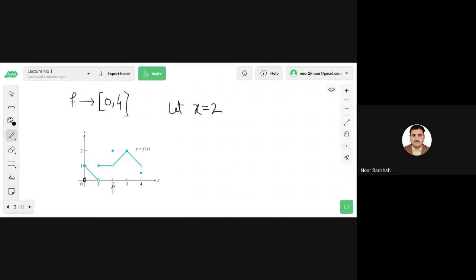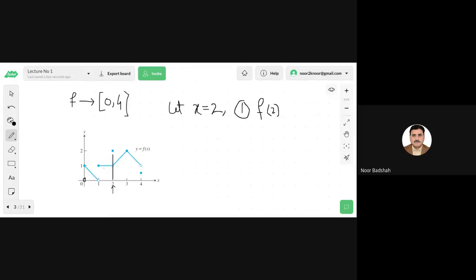This is the point 2, which is obviously an interior point. So the first part is what? First part, we will check f of 2. Now, what about the value of f of 2? You see, at x equal to 2, if you draw a vertical line here, this is not the value of y at x equal to 2 because there is a hole.